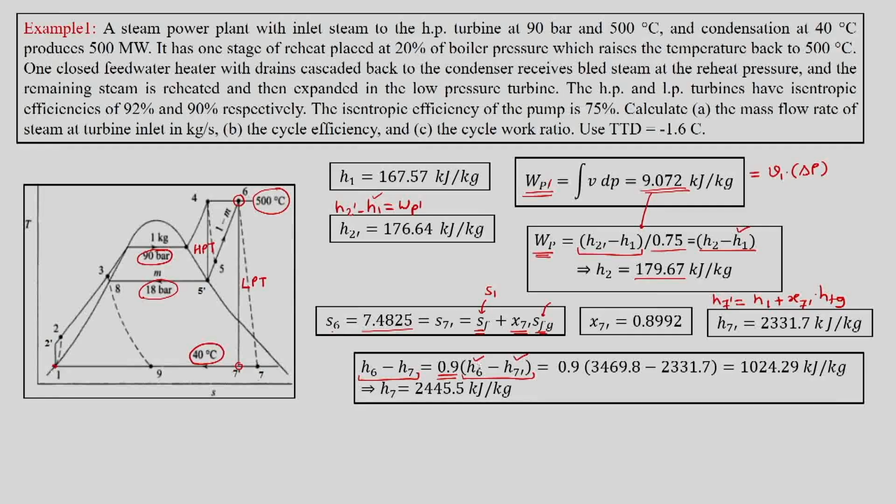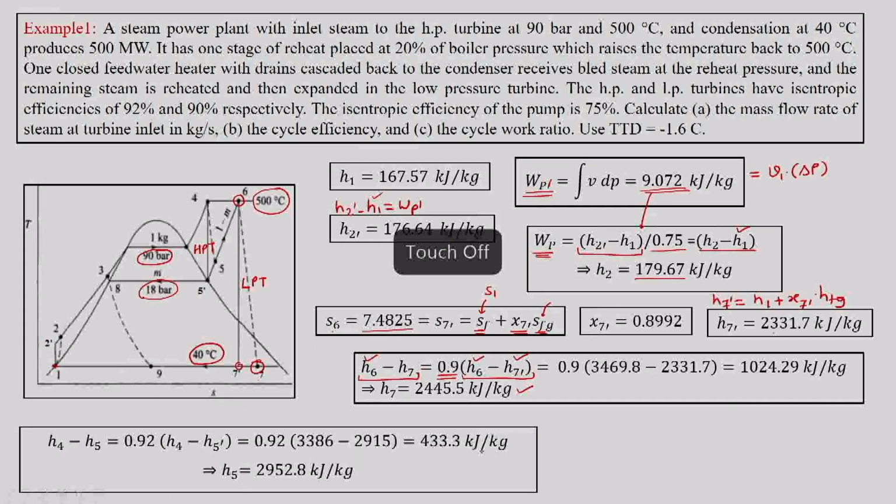So H7 dash is known to us from the previous step, and H6 as well, and thus these can be used to find out H7, which is this point.